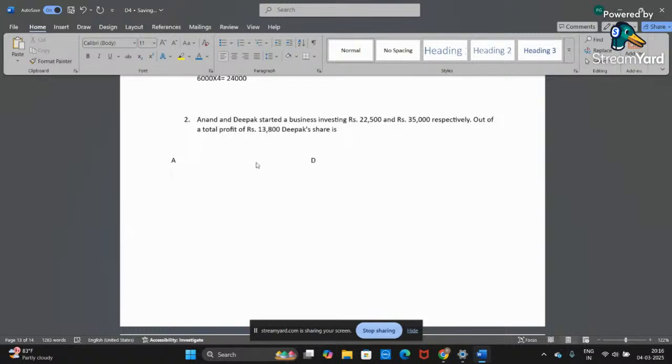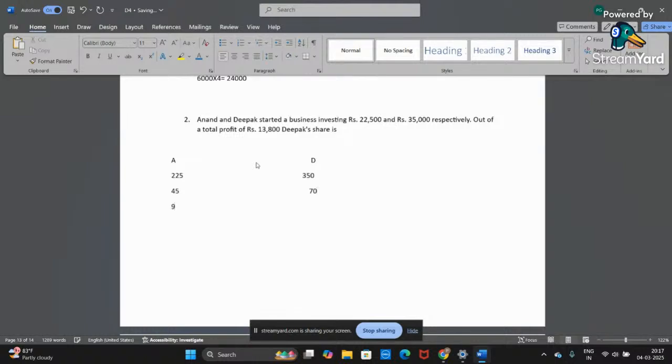Next, Anand's investment is 22,500. This we can write as 225 because we can simplify, and here it is 350. We can further simplify this, 45 and this 70, right?